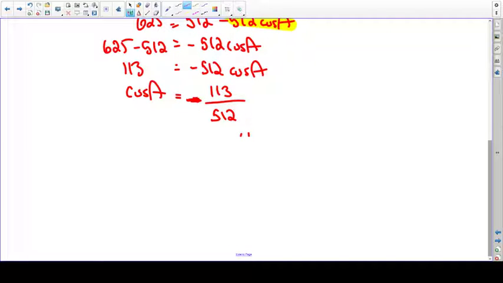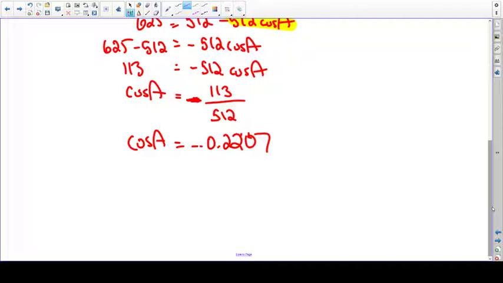So 113 negative divided by 512 equals, cos of A is negative 0.2207.